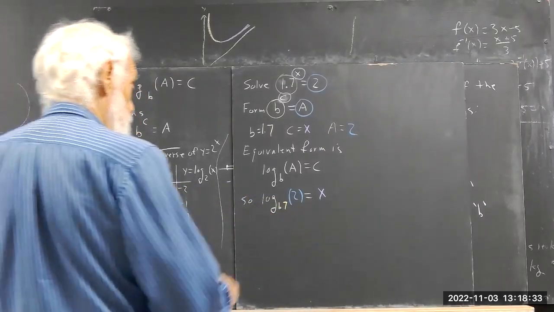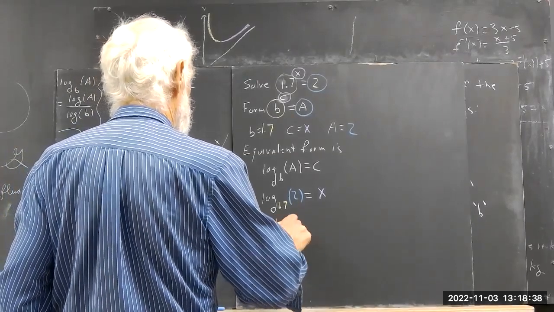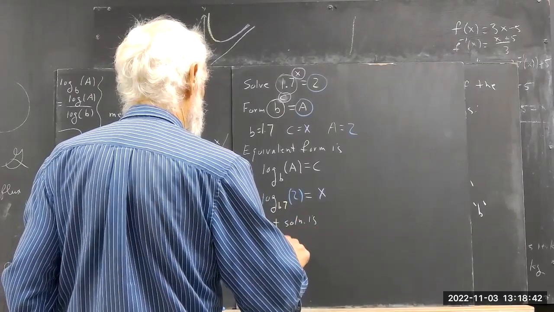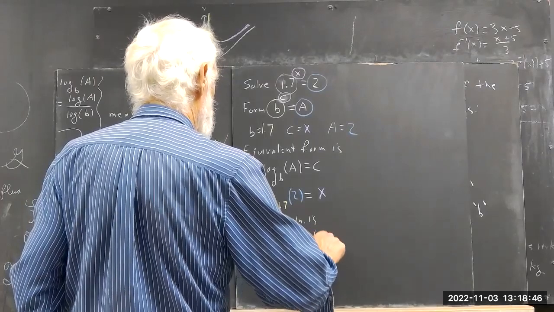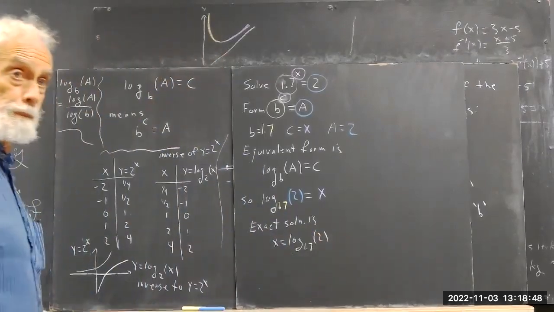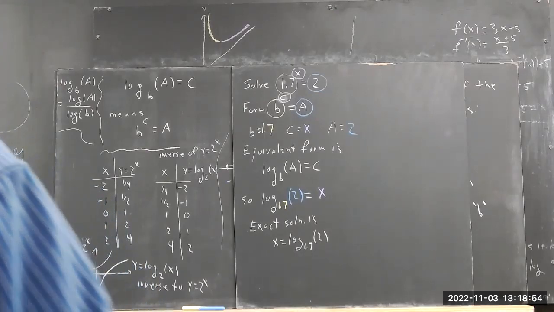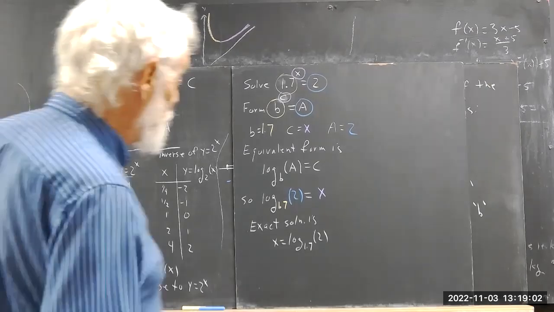So the exact solution is then x equals log base 1.7 of 2. Now, how do you get a value for that? If you want to approximate it, because in general you're going to be dealing with approximate solutions, because solutions of most logarithmic equations are irrational numbers.